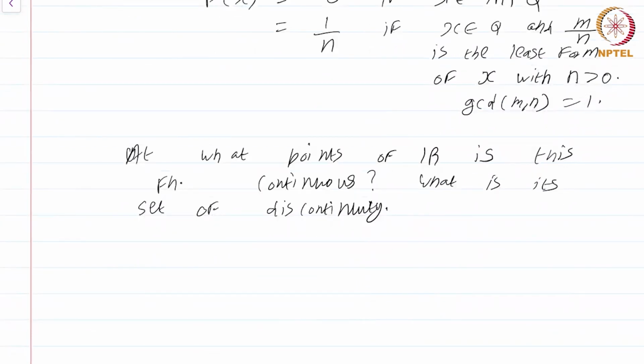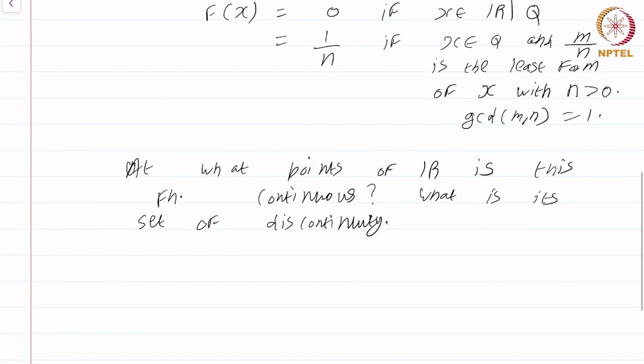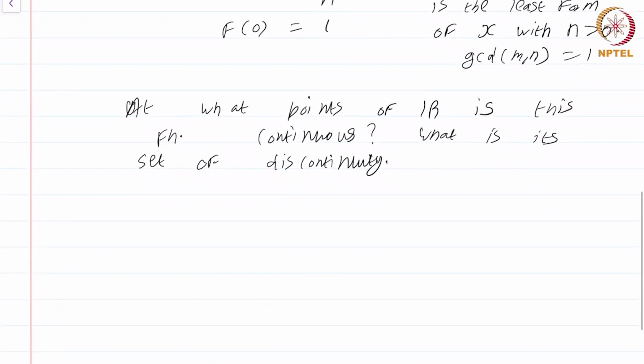For clarity, let me also define f of 0 precisely. f of 0 is taken to be 1. So we have defined f of x to be 0 if x is in R minus Q, equal to 1 by n if x is in Q and m by n is the least form of x, and f of 0 is taken to be 1. Now the question is, at what points of R is this function continuous? What is its set of discontinuity?